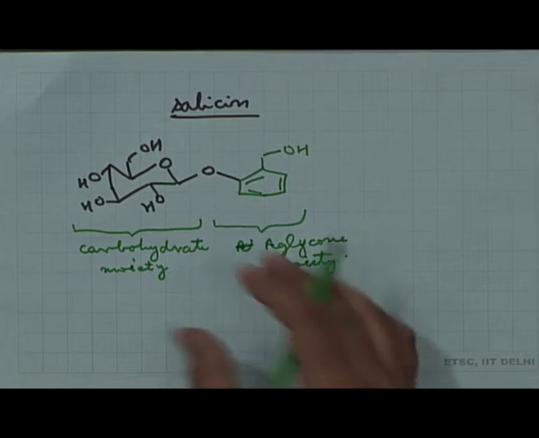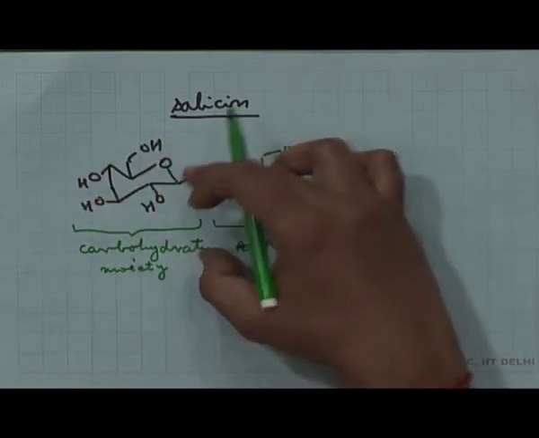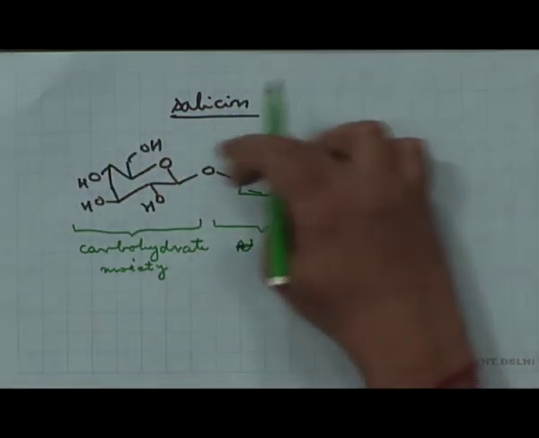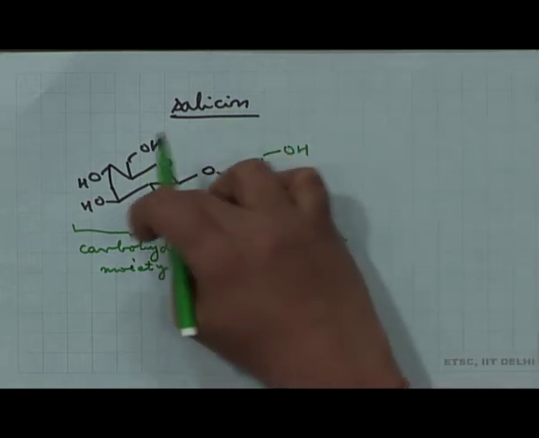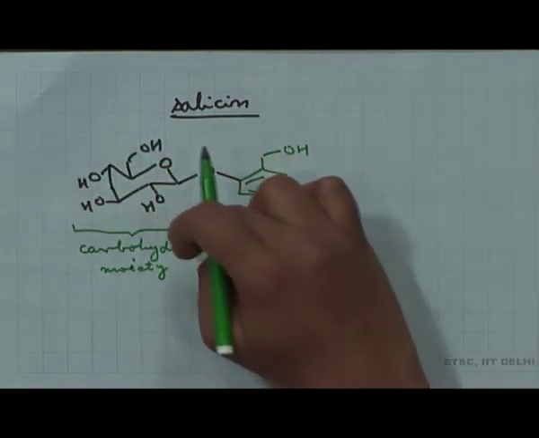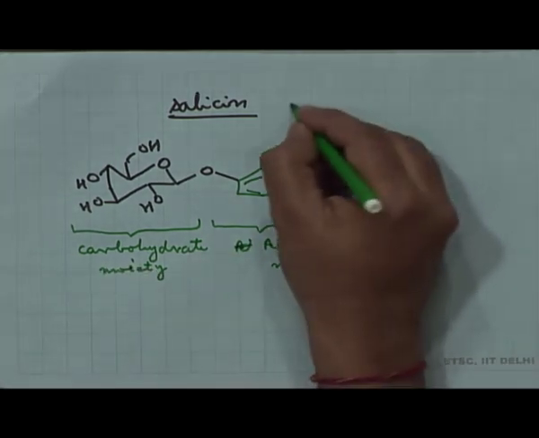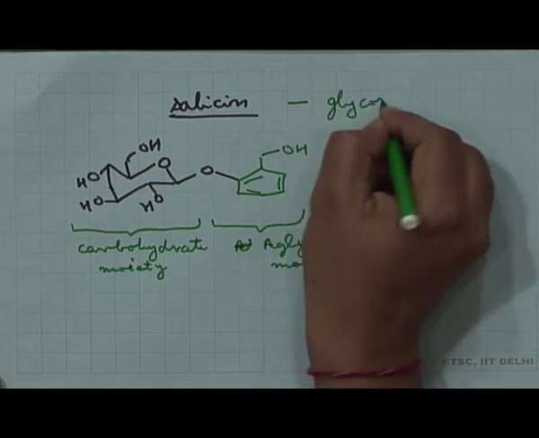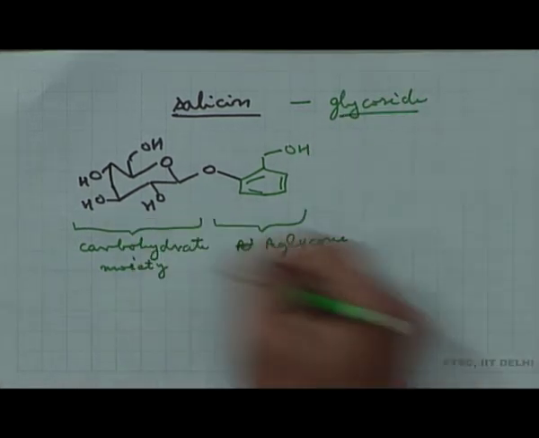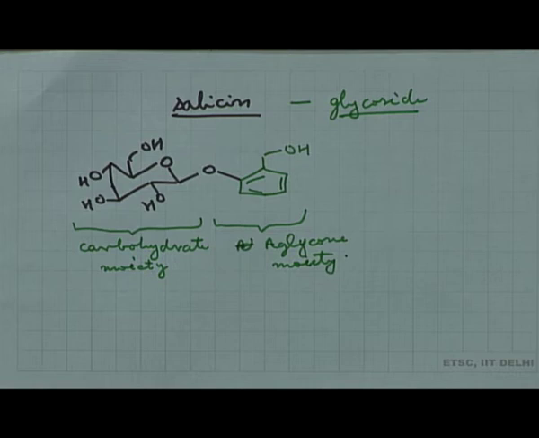Now, I hope you understand that when we do hydrolysis, it will generate this aryl alcohol and the corresponding sugar, this carbohydrate moiety, and this in total is known as a glycoside, which by hydrolysis can generate sugar as well as alcohol.